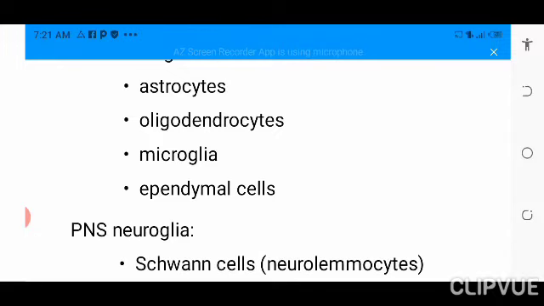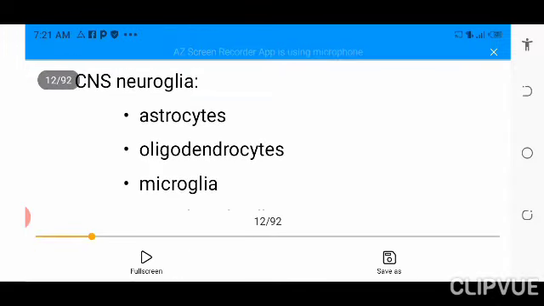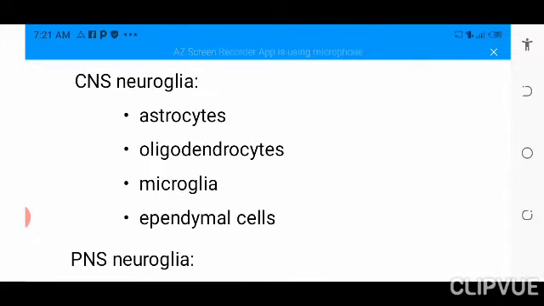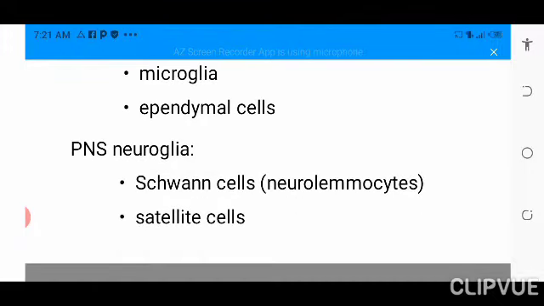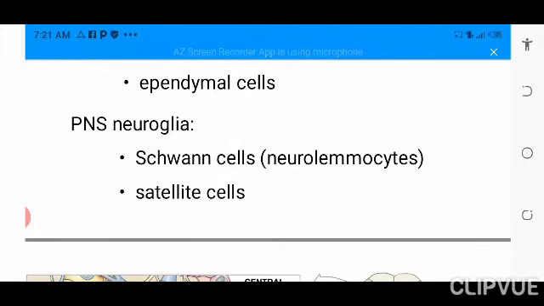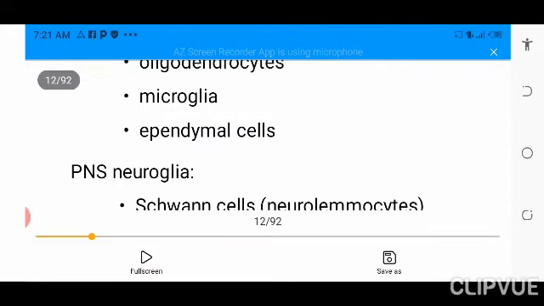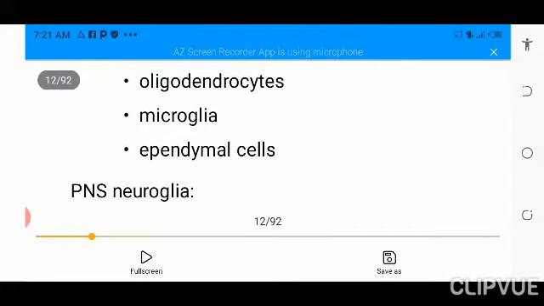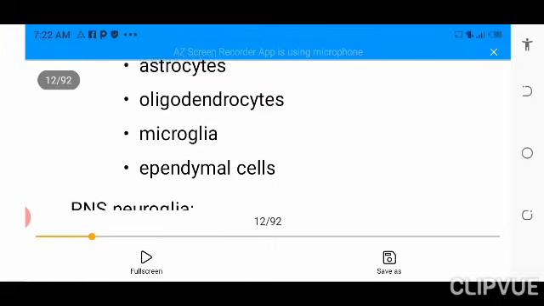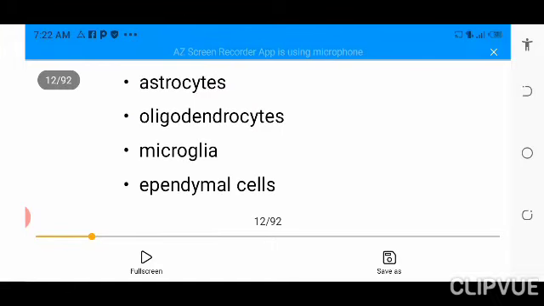Four important neuroglia in the central nervous system are astrocytes, oligodendrocytes, microglia, and ependymal cells, while the peripheral neuroglia are the Schwann cells and the satellite cells. Note that the Schwann cells are like the oligodendrocytes of the central nervous system.